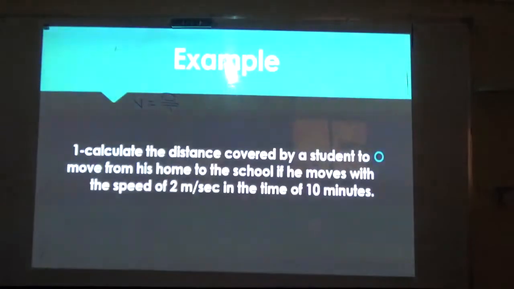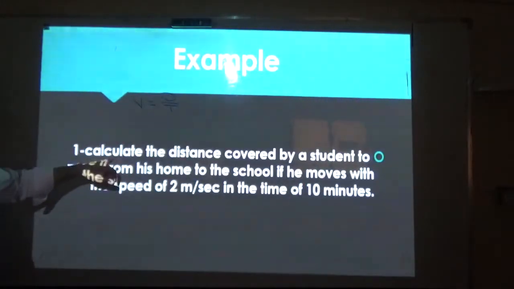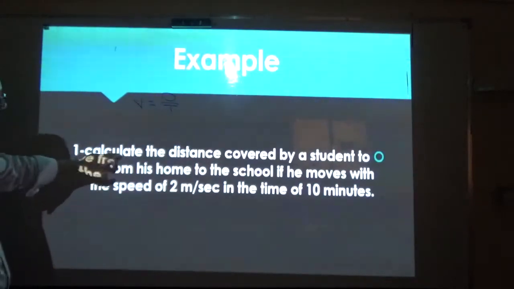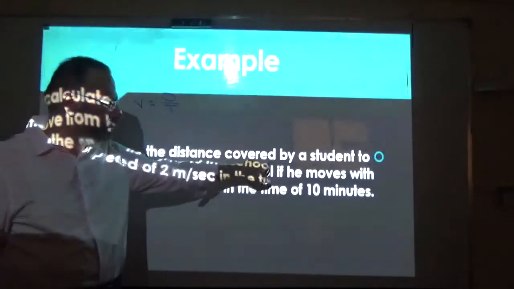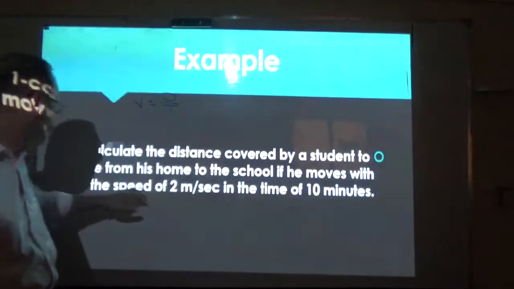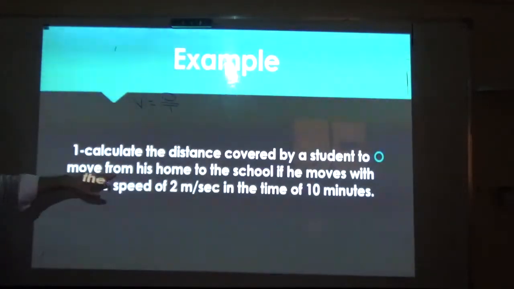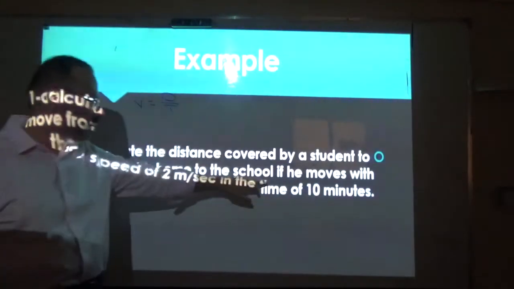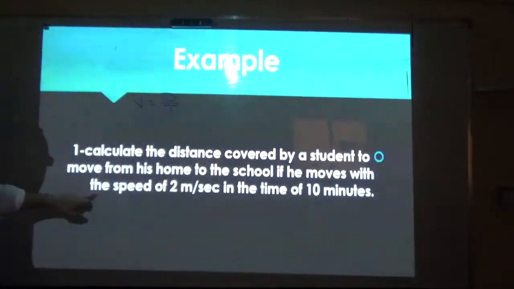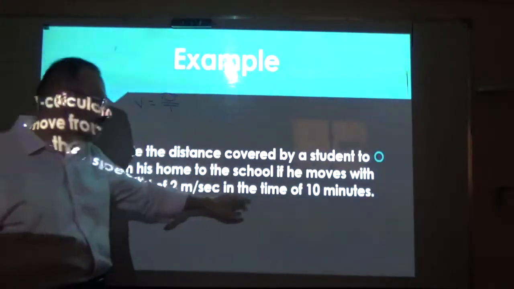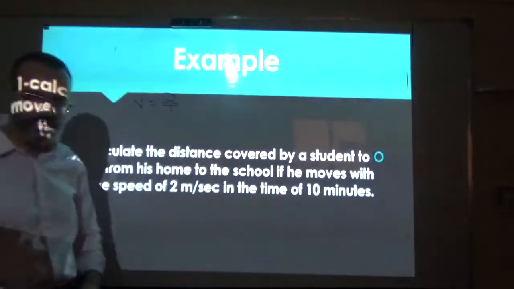Now, let's see an example for this rule. In this example, he asked me to calculate the distance covered by a student to move from his home to the school if he moves with the speed of 2 meters per second in the time of 10 minutes.